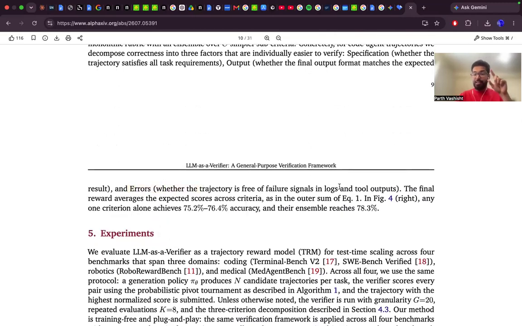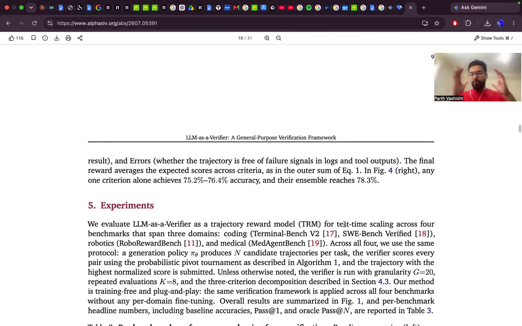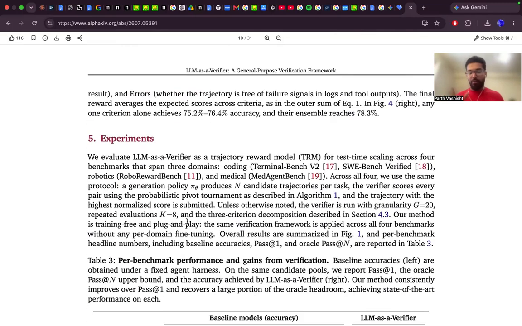So this was the initial image that we saw, where we have specification, outputs and errors. So basically, if you have a bigger prompt, decompose it into simpler individual tasks that are much easier to evaluate, and the scores do not conflate and go to any of the other things.